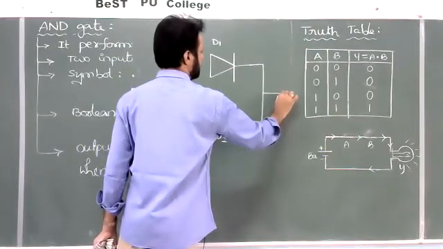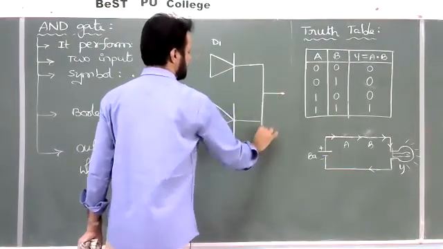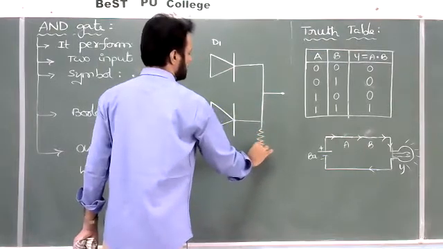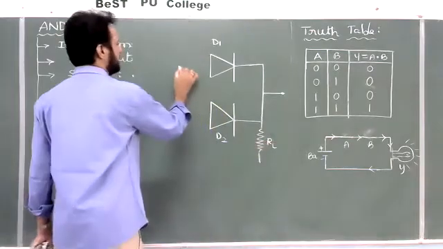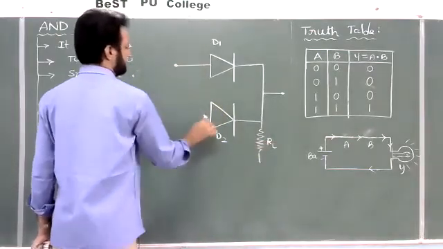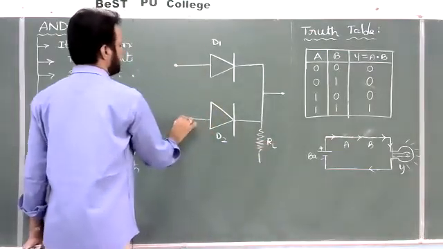So you should connect here this one, and this will be connected to one load resistance like this, RL. And here A, this will be B.